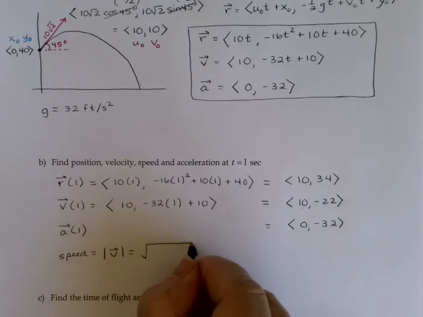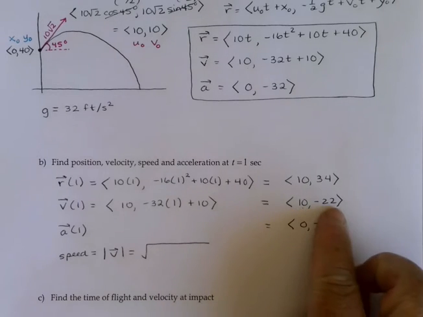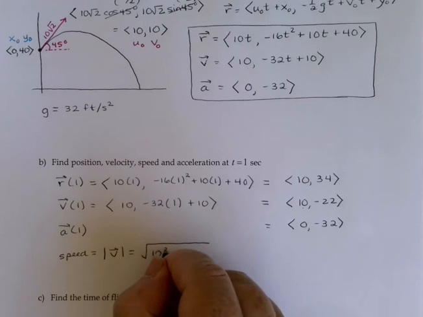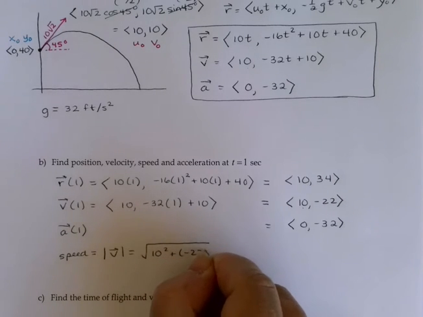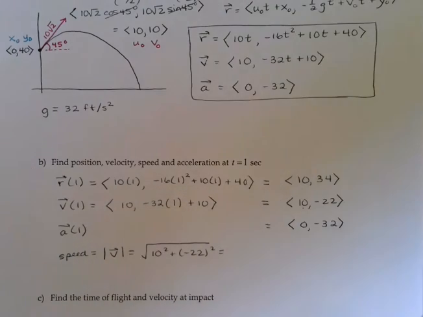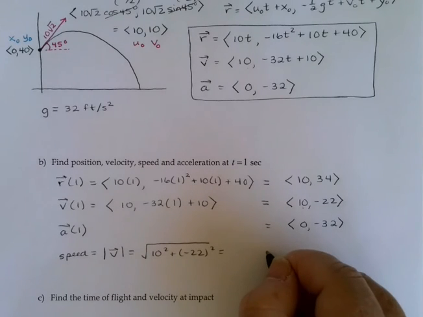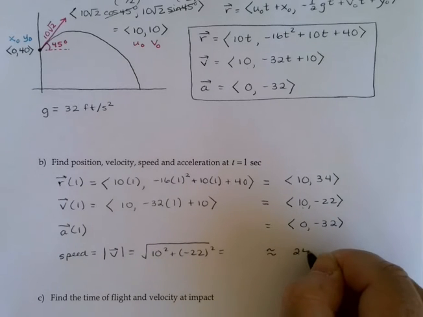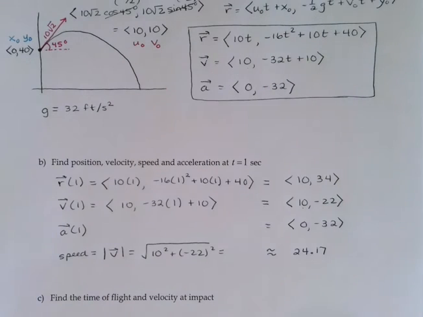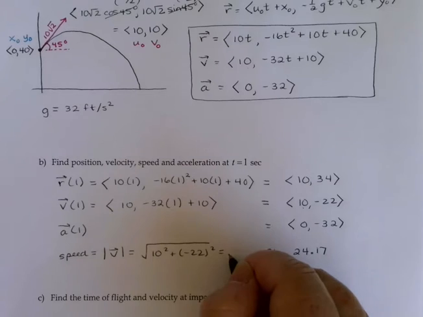So in this case, that would be the square root of 10 squared plus negative 22 squared. Which is about 24.17. The exact value was actually the square root of 584.